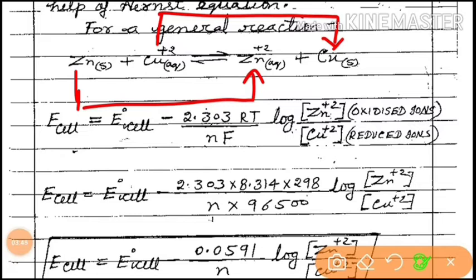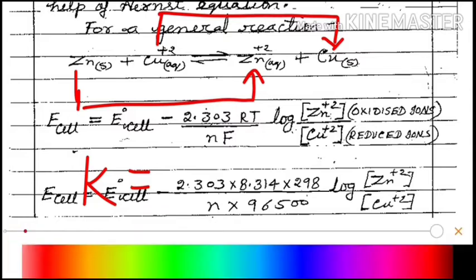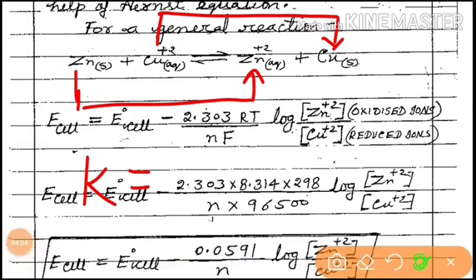Now, according to the 11th class chapter equilibrium, if I write the formula of the equilibrium constant K, then it is equal to the product of the concentration of the products divided by the product of the concentration of the reactants. See, these are the products and these are the reactants.